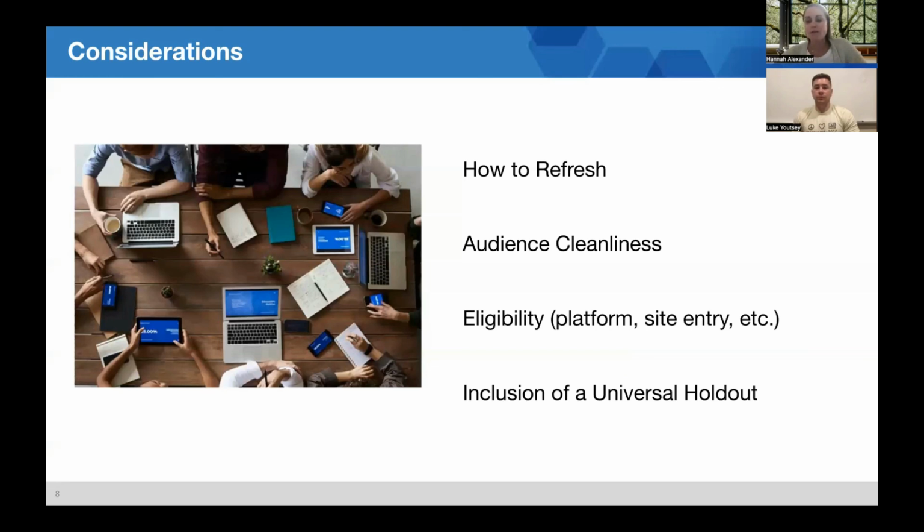Is it, usually with the Universal Holdout, prior to any activity, for known customers? And lastly, do you want to include a Universal Holdout as well? We would recommend this. And the setup comes along with everything we've just described too.